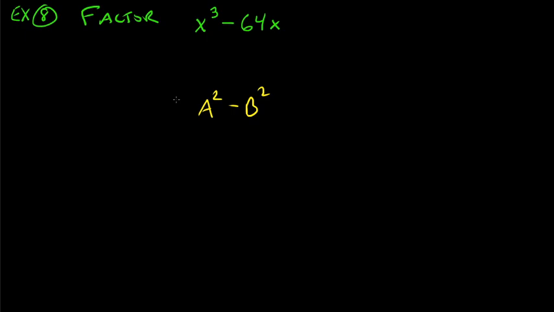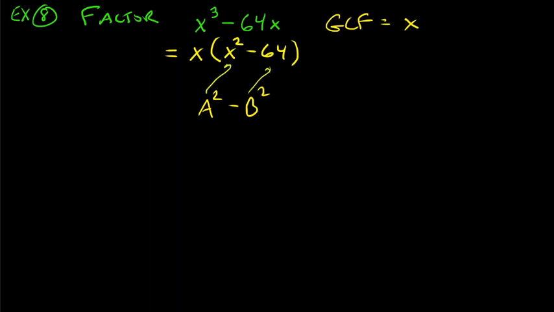However, we forgot again the GCF. The GCF is not 1, it's x, right? They both have an x here. So if I factor out the x, then I'm left with x squared minus 64. So there's my a, and my b. Well, be careful. B is not 64, right? B is the square root of 64, which is 8.